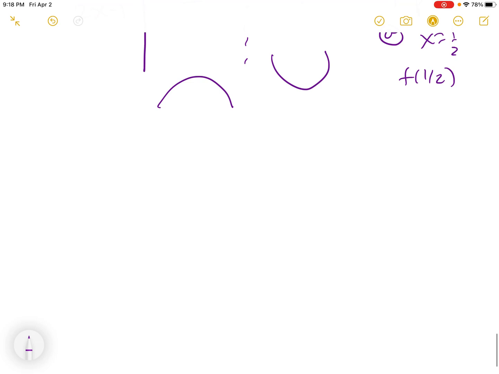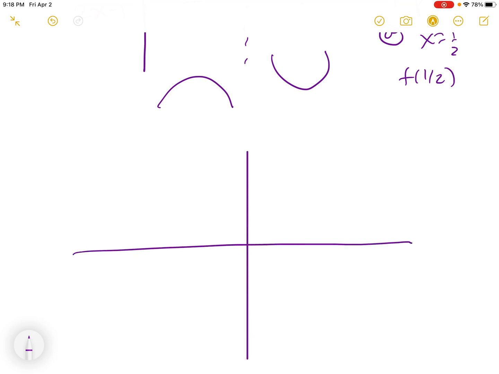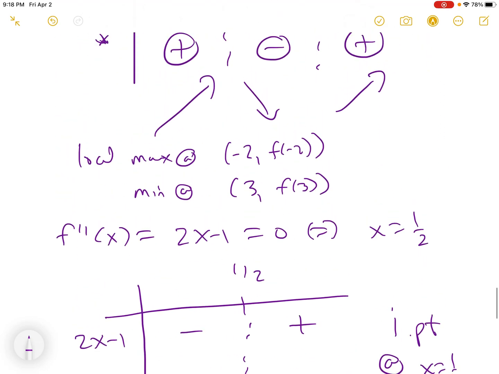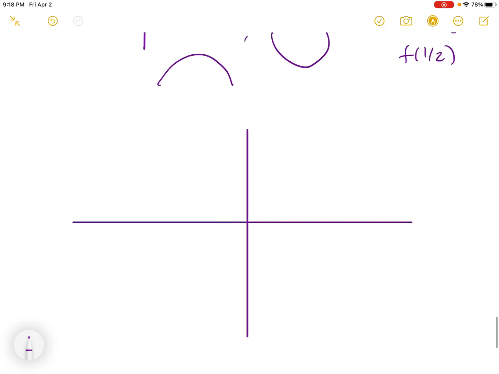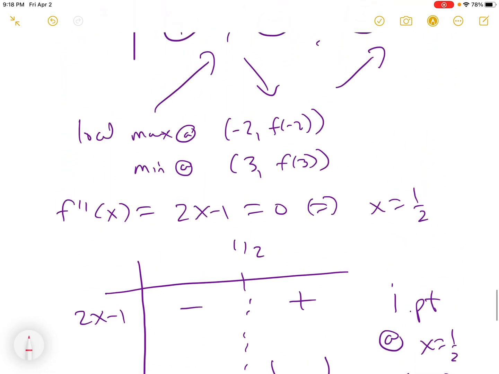All right, so let's produce something here. So we have -1, -2, 1, 2, 3, -3. All right. So our x values that we're concerned with are -2.